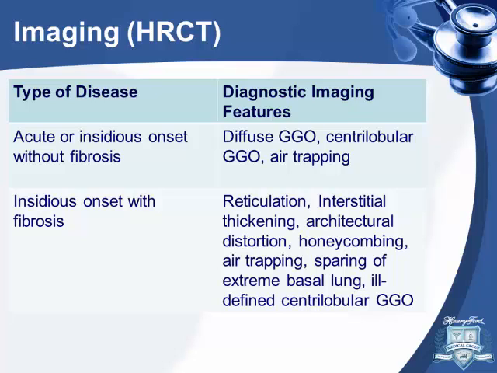In acute, you'll have diffuse ground glass opacities, mostly centrilobular, and I think that's very characteristic for HP, along with air trapping. In chronic, you'll have reticulation, interstitial thickening, honeycombing, air trapping, and of course centrilobular ground glass opacity. That's very important. I think on the boards, if they have a case of HP and bring images, they'll definitely mention that.